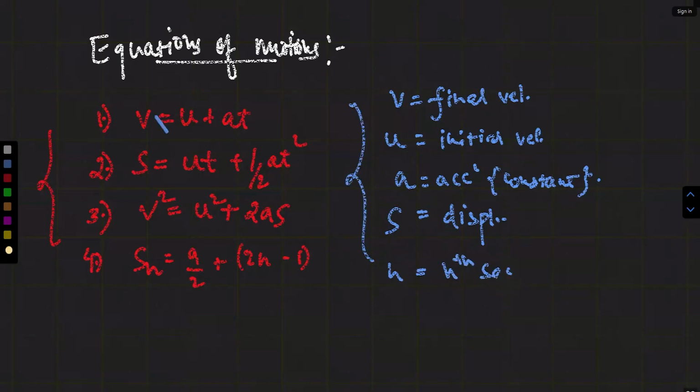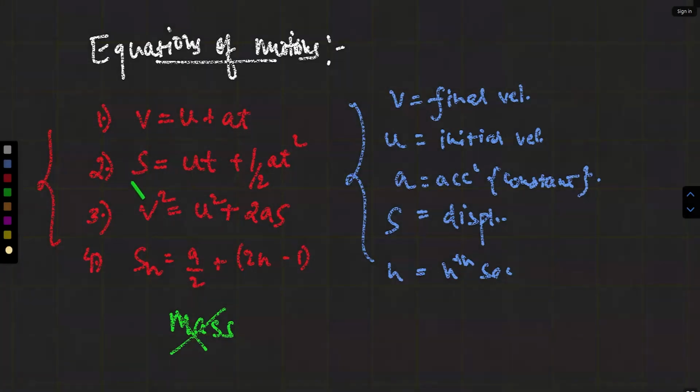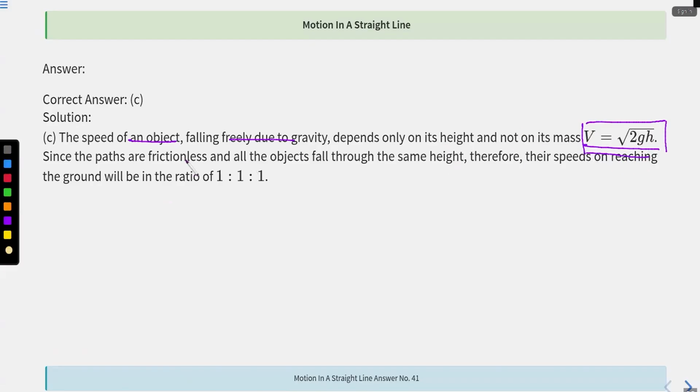In these four equations, we never deal with mass. If we had dealt with mass, then m should have come in any of the equations, right? So equations of motion are independent of mass. That is what they have given to us over here: the speed of an object falling freely due to gravity depends only on its height and not mass.